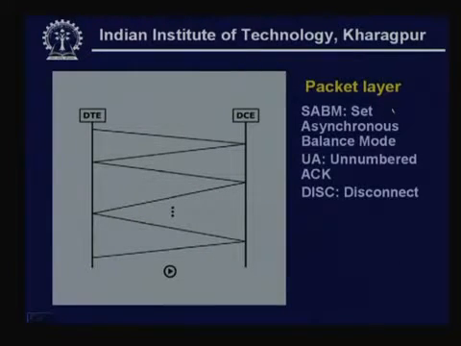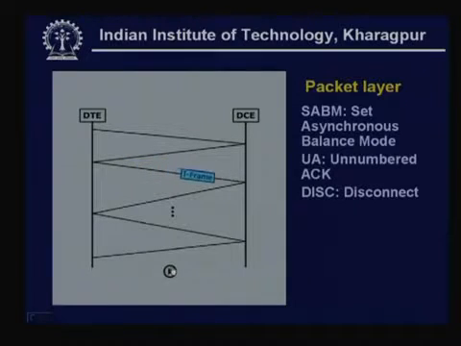So, here it shows how it works in the packet layer. As you can see, a set asynchronous balanced mode packet is sent, and an unnumbered acknowledgement comes from the other end for setting up the link, and then the data transfer can take place.